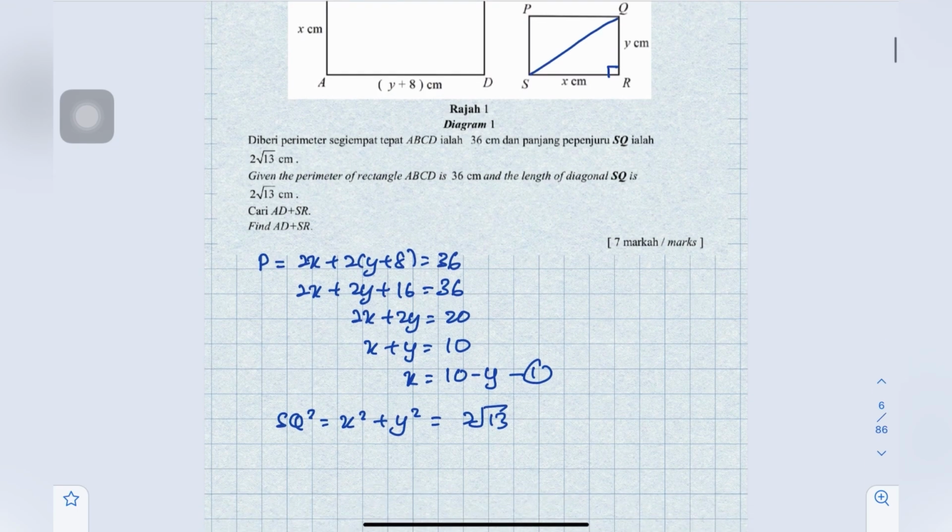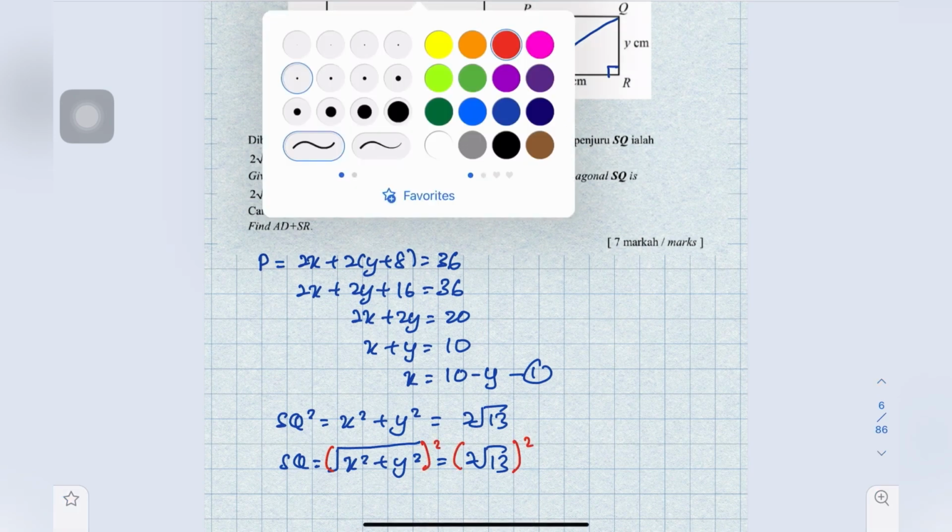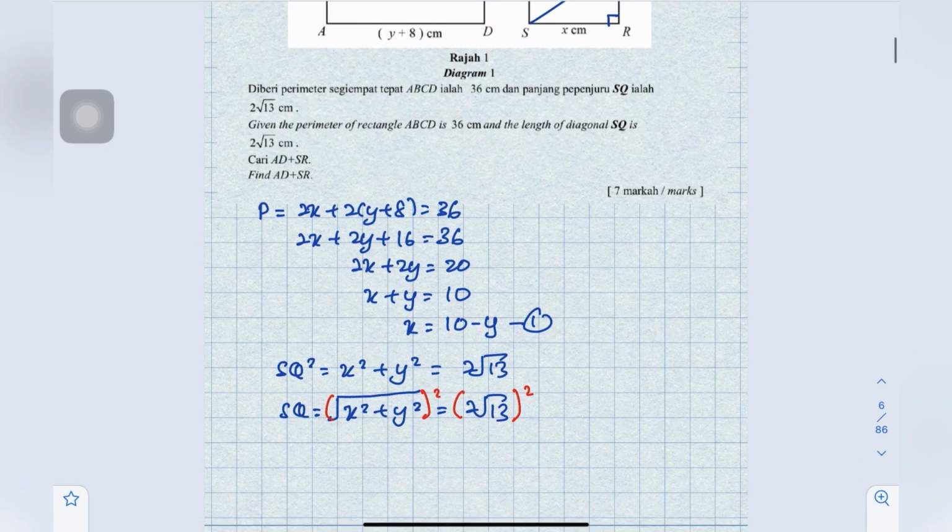Okay, so then SQ equals to square root of x squared plus y squared equals to 13. To eliminate the square root, we have to square both sides. So this one becomes x squared plus y squared equals to 169.